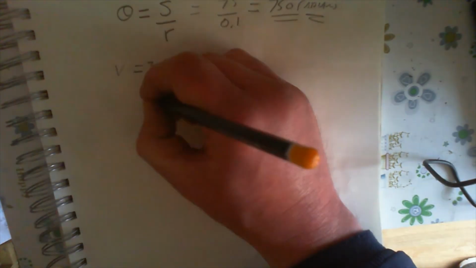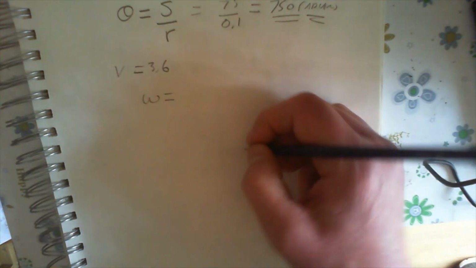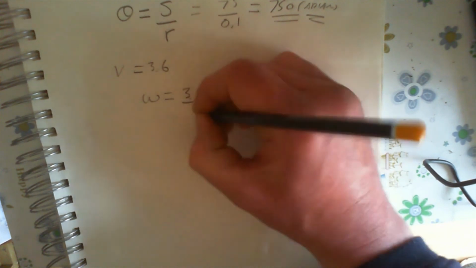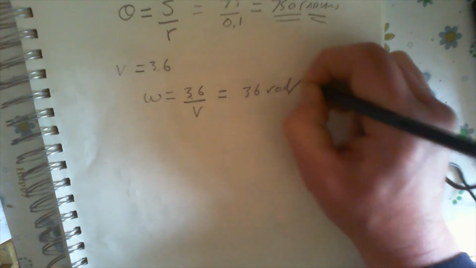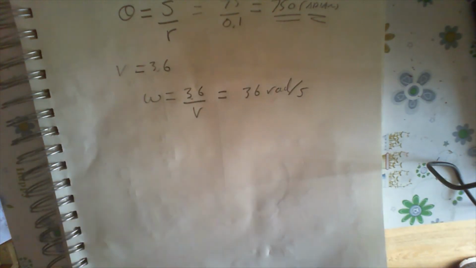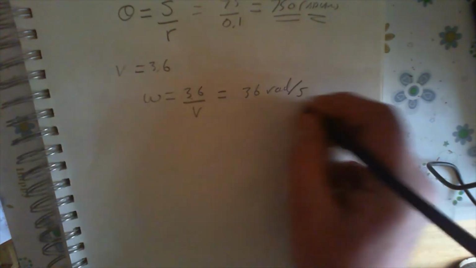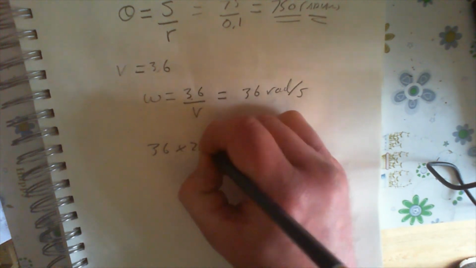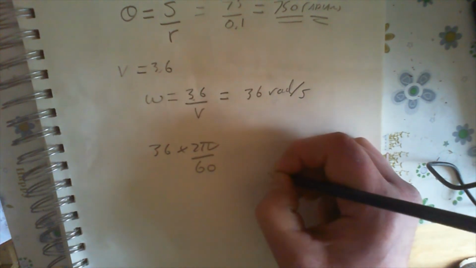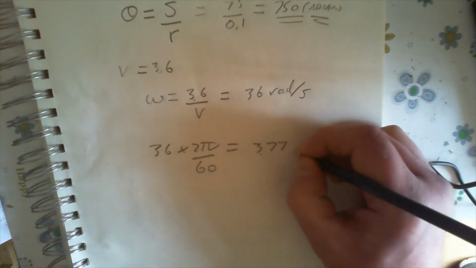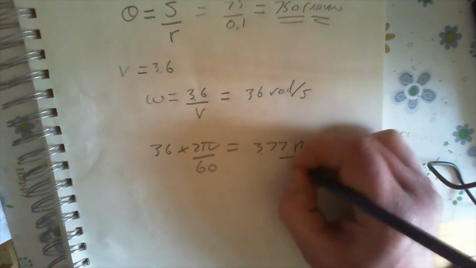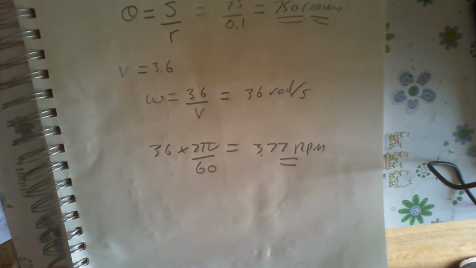Again, the angular velocity is equal to the velocity divided by the radius, 36 radians per second, and to find out the RPM we multiply this by 60 over 2 pi, 36 times 60 over 2 pi, which equals 343.8 RPM. Okay, I think that's us.